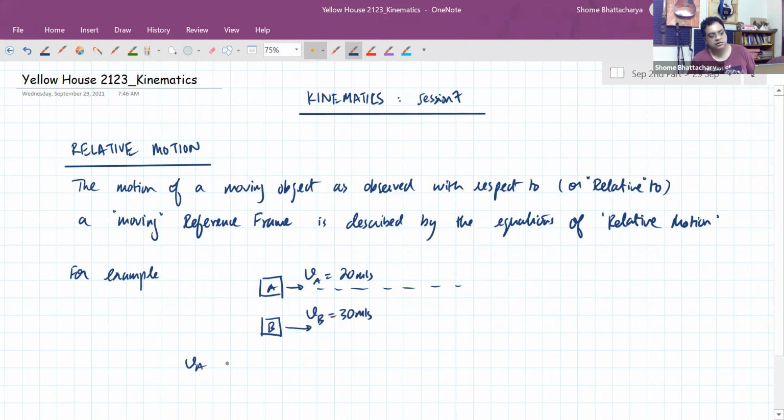So VA and VB are with respect to the ground frame.